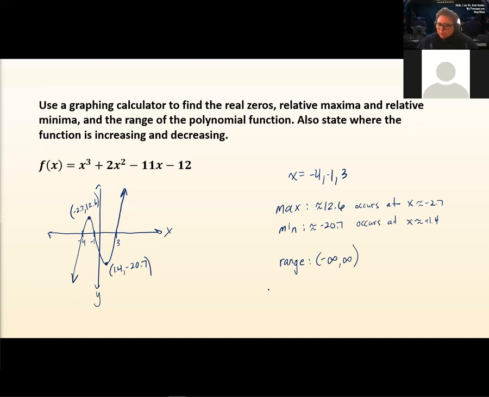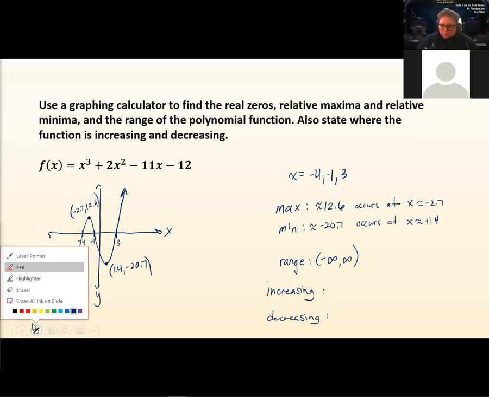So now we want to know where it's increasing and decreasing. I'm going to use the graph that I drew, the funky one that's obviously not really to scale, right? Anywhere it's increasing, I'm going to do a light blue because it's going up.